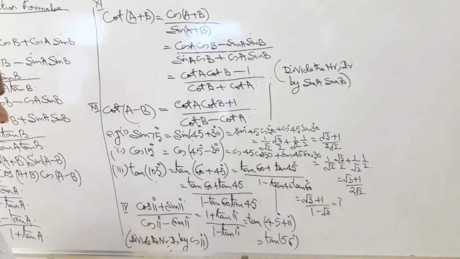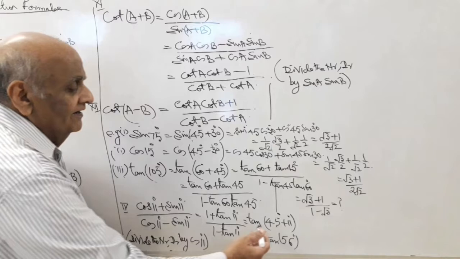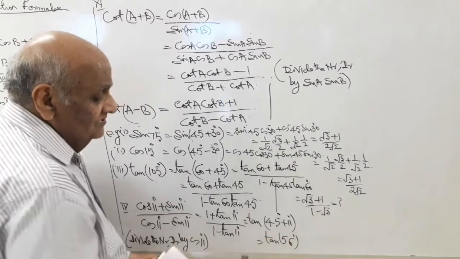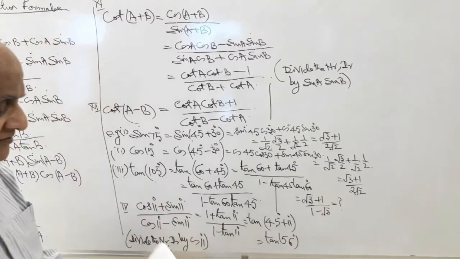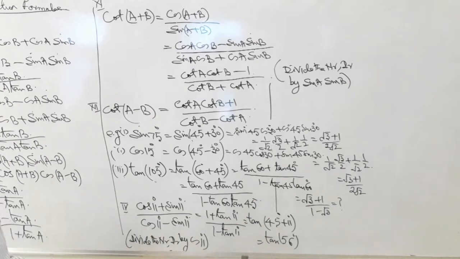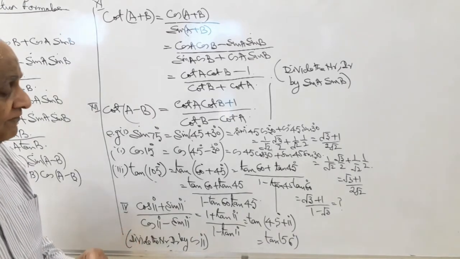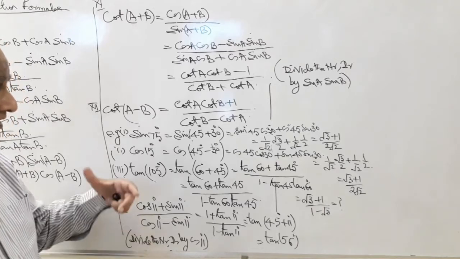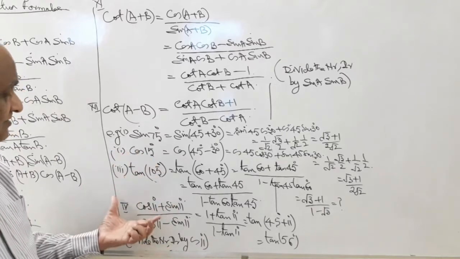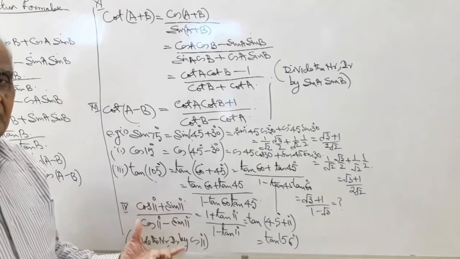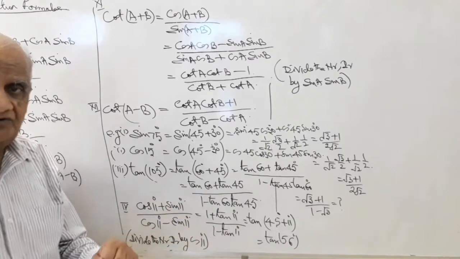Now the formula is 1 plus tan A over 1 minus tan A, it is tan 45 plus A. Here it is tan 45 plus 11, this becomes tangent of 56 degrees. So you see these are some of the simple cases. Now before we go for the further advanced cases, first of all some more introductory problems.